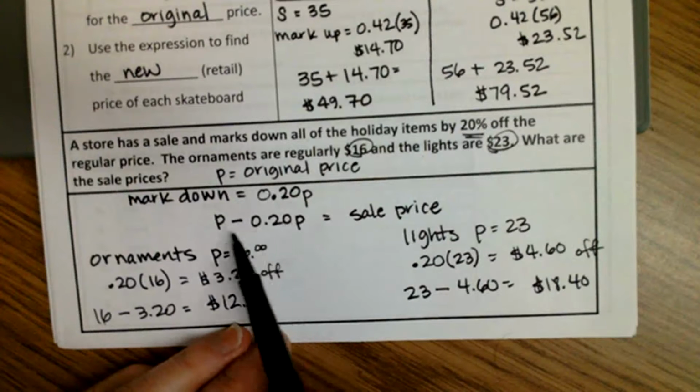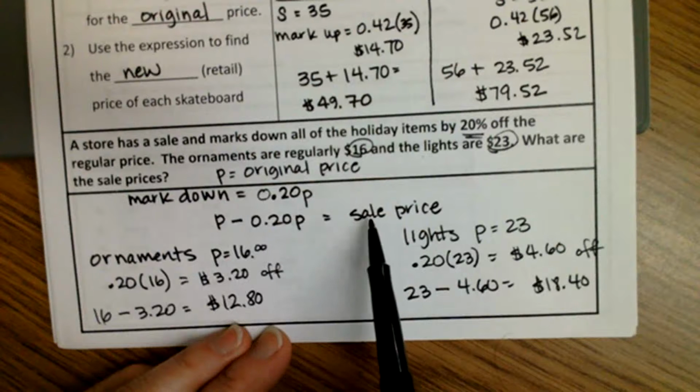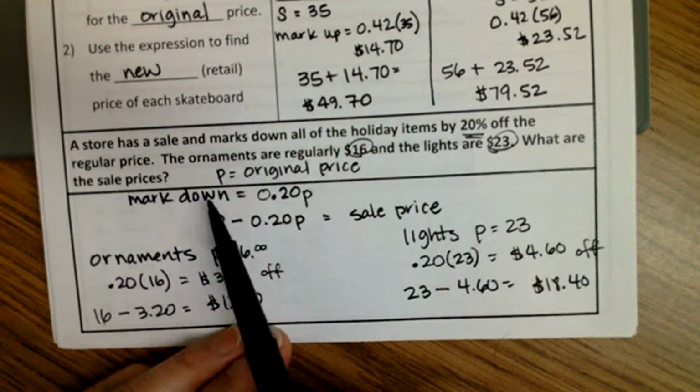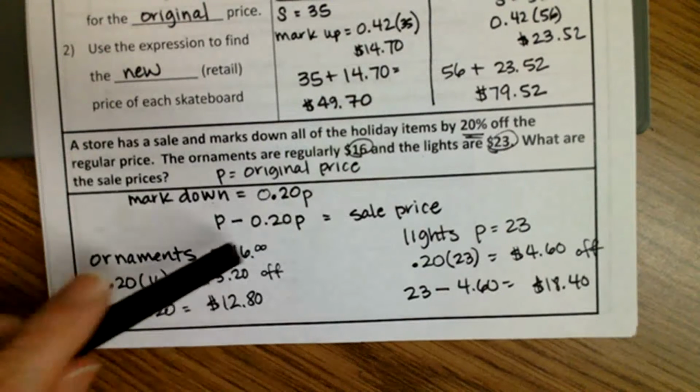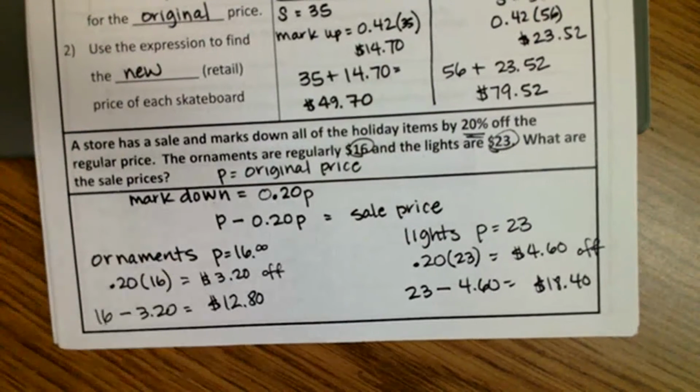This is the expression for the sale price. So this expression stands for an amount, which is the sale price. This expression stands for an amount, which is the markdown. Okay, and then you just plug in whatever number for P to solve and find the new price. Okay, and that is 5.2, rewriting percent expressions.